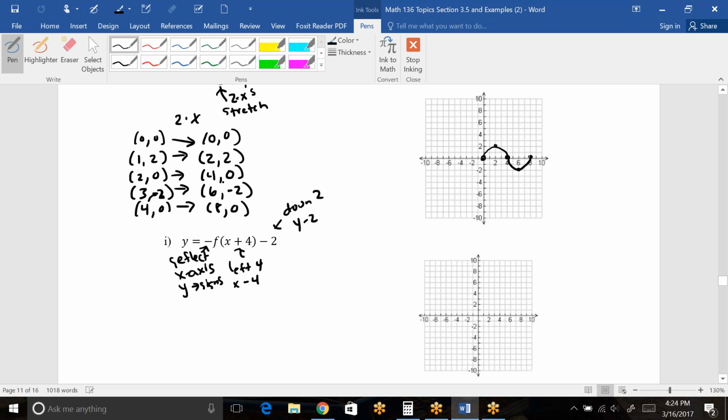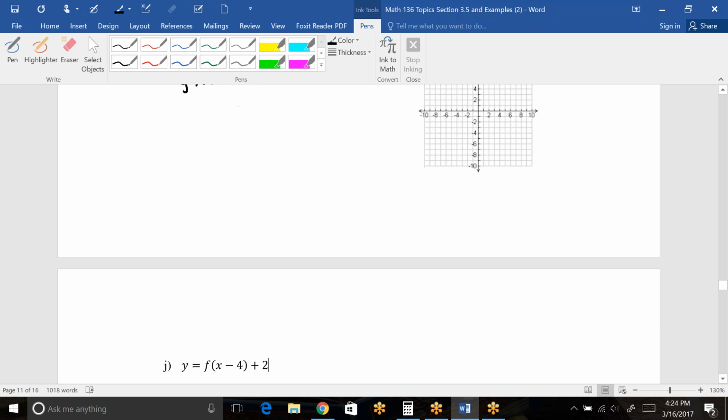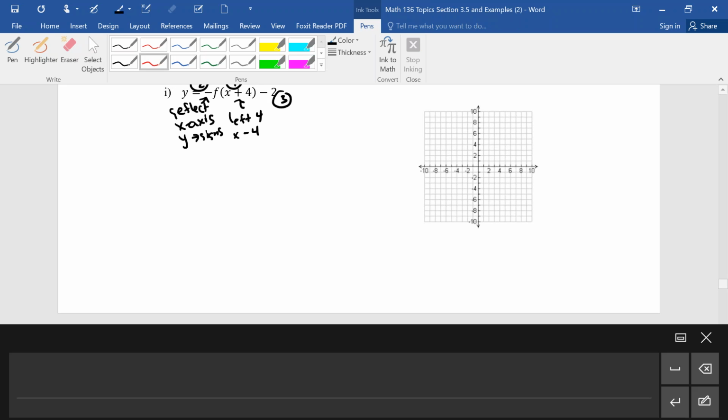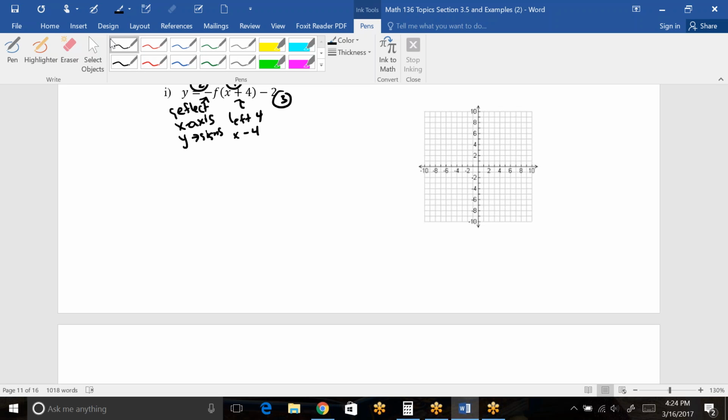Now, you have to do these in order. This closest to x, next closest to x, farthest away. So 1, 2, 3. So we're going to take our 5 points. I'm going to list them out. And we're going to do each transformation one at a time. So 0, 0, 1, 2, 2, 0, 3, negative 2, and 4, 0.